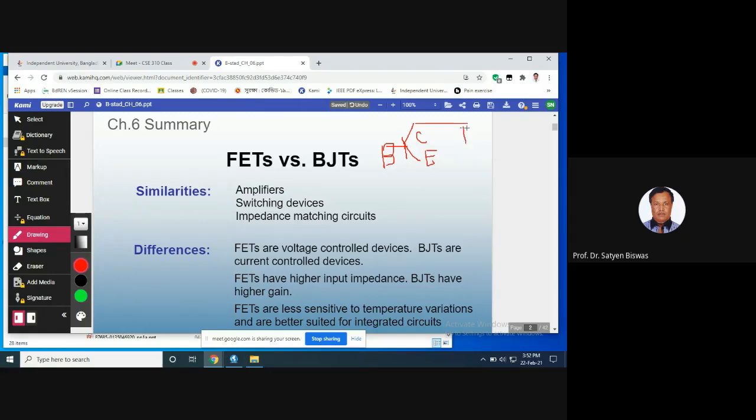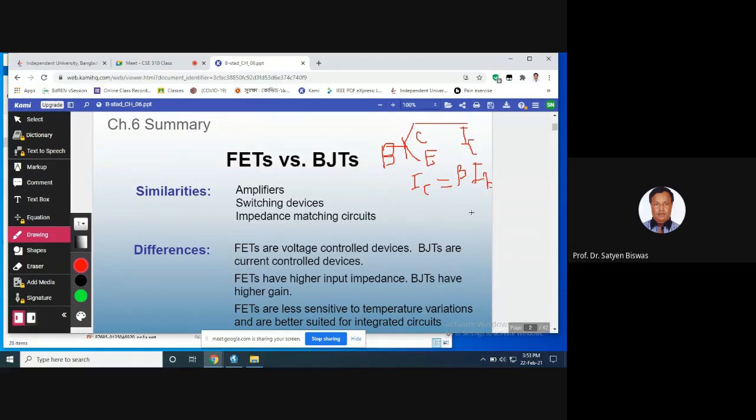So can you remember the difference between IC and IB? Last class I mentioned how many times bigger IC is than IB. IC is beta times IB.